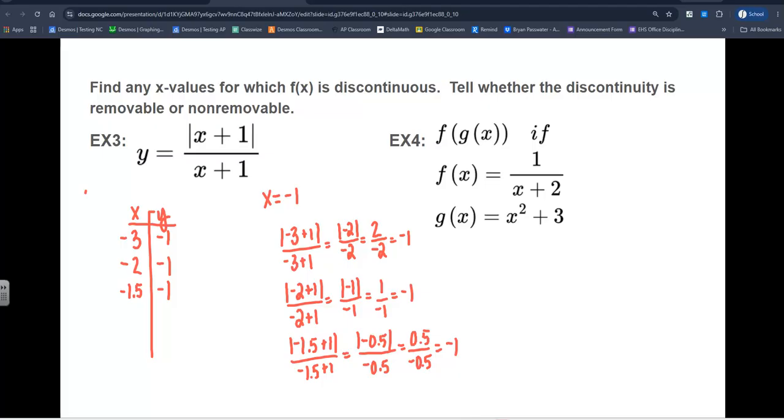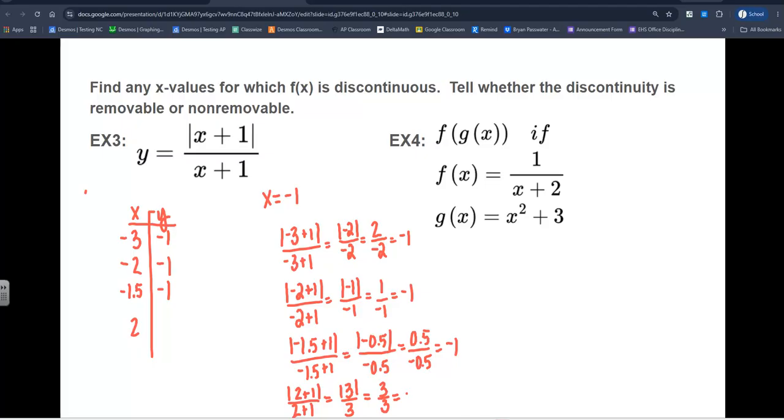Question is, do we get the same if we plug in numbers bigger than -1? Like if I plug in, let's say, 2. So to do that, I would have absolute value of 2 plus 1 over 2 plus 1. That'd give me absolute value of 3 over 3. It's 3 over 3.